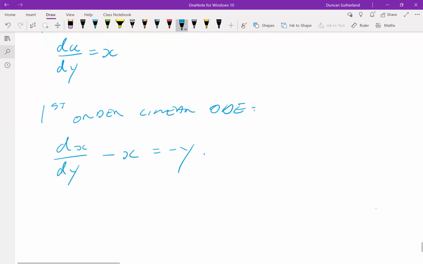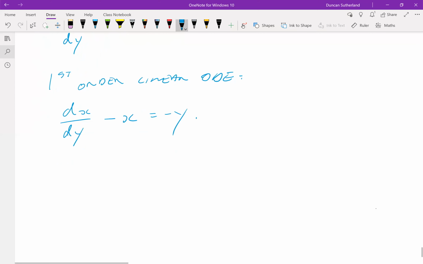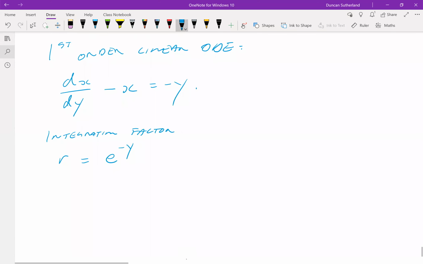That's the canonical form of the first-order linear ODE, and we use the integrating factor method. So I denote my integrating factor with r. r is the integral of p(y), which is just -1, integral with respect to y, the independent variable.